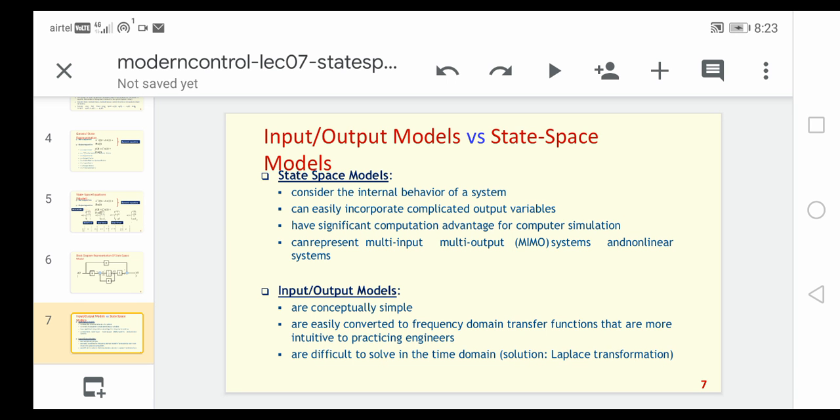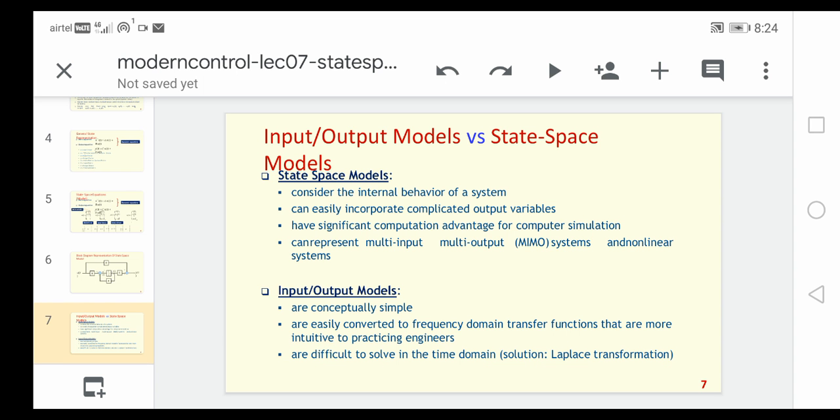We know that in a state space model we can find the internal behavior of the system also. We can handle multiple output (MIMO) and non-linear system behavior also.